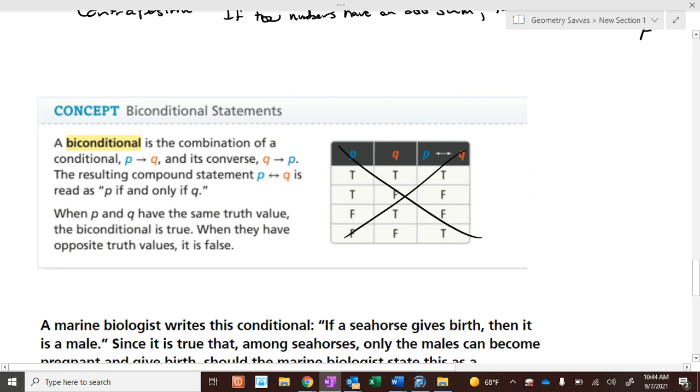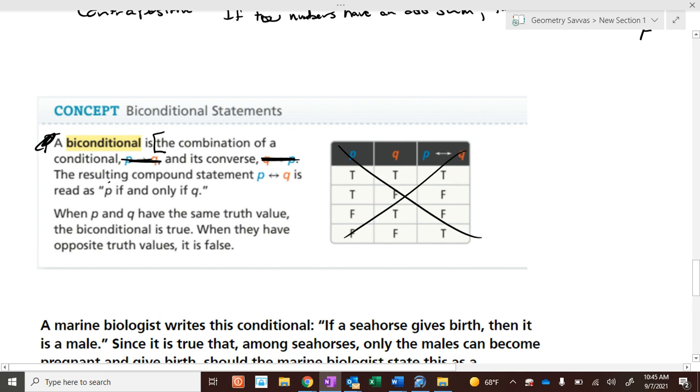Biconditionals. We won't worry about the truth statement, but we will worry about the biconditional. A biconditional is the combination of a conditional and its converse. Don't worry about writing P, then Q, then Q, then P. A combination of a conditional and its converse.